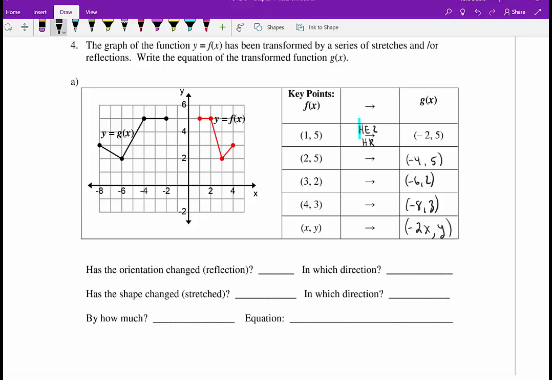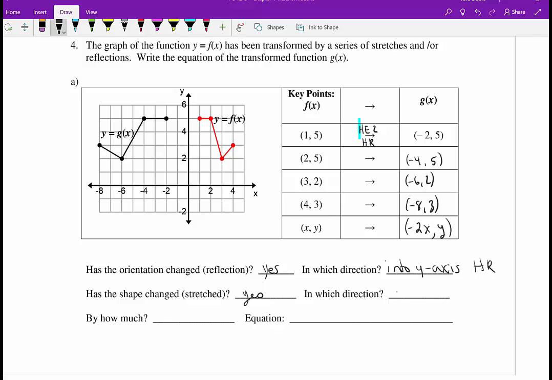So has the orientation changed? In other words, is there a reflection? Yes. In which direction? In the y-axis. Okay, in other words, you have a horizontal reflection. Has the shape changed? In other words, has it been stretched? Yes. In which direction?